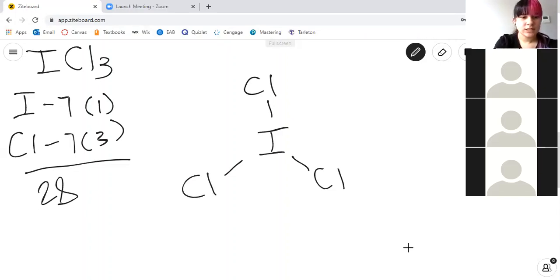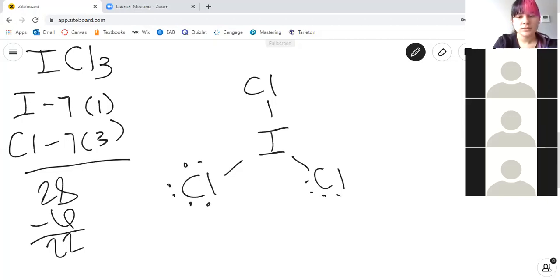So we use 6, got 20 here. 12, 14, 16, 18. So I have 4 electrons left.